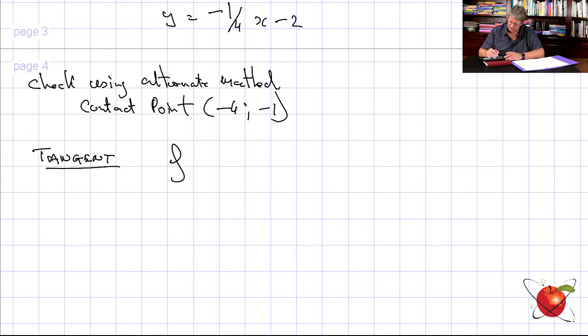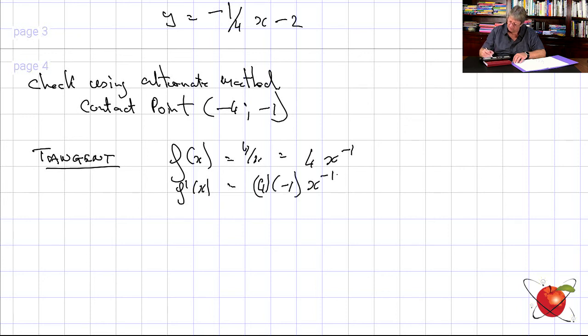F of x, hint, f of x is equal to 4 over x, which is 4x to the minus 1. We always put it in this long line form, correct? Then we find f prime of x, which is 4 times minus 1, x to the minus 1 minus 1, minus 4x to the minus 2, which is minus 4 over x squared, if I'm not going to take a double derivative or a triple. Right?